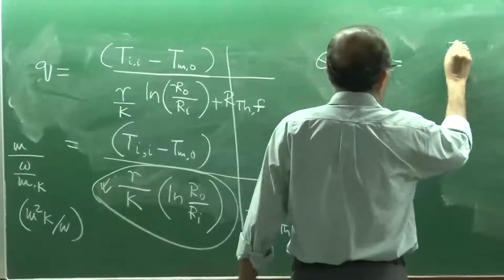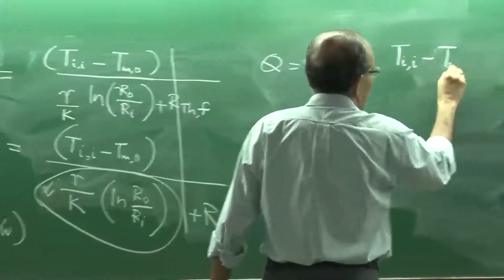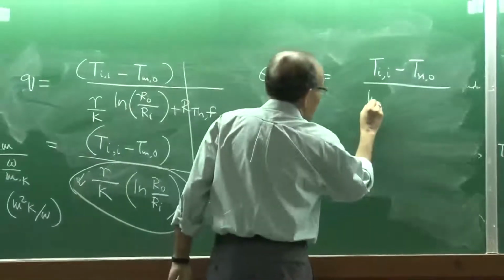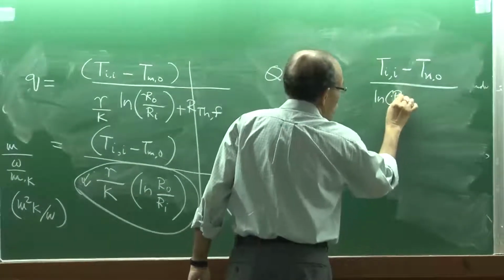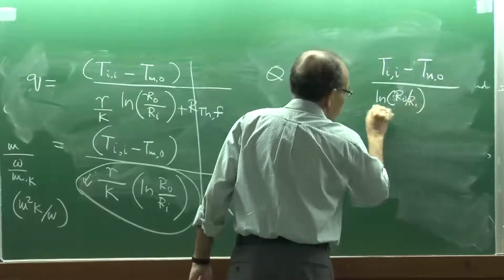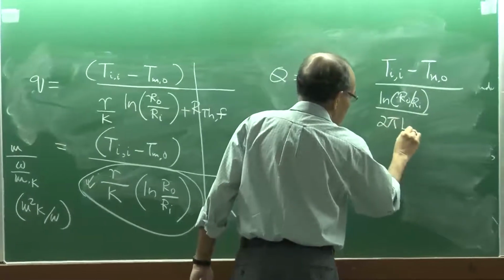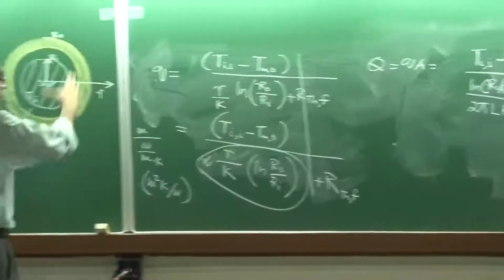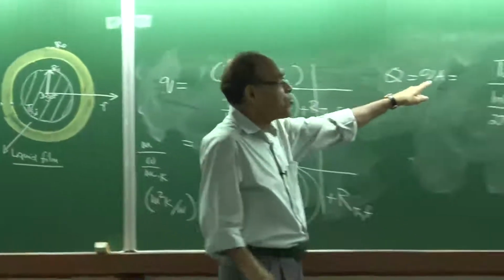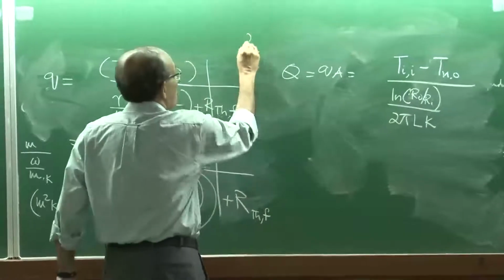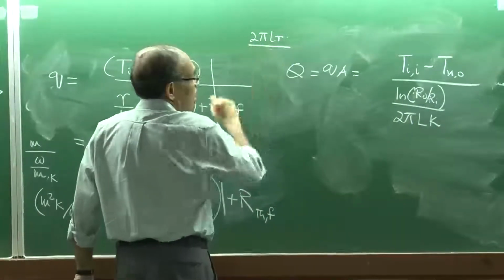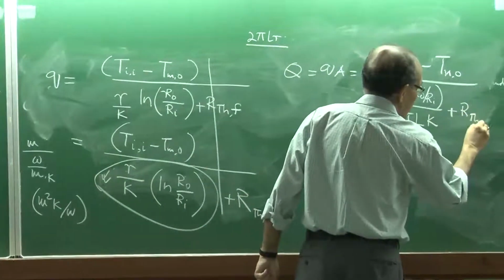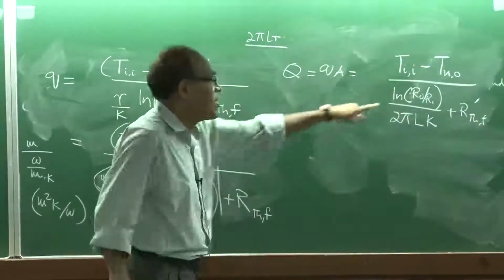Q A is equal to T I minus T M O divided by, the R and R will cancel out, ln R0 by Ri into 2 pi L k, where k represents the thermal conductivity and L is the length, because the area comes into the picture, so the area is going to be 2 pi L r. This is going to be the thermal resistance of the film prime, because they have different units, and that is why I have represented it so.